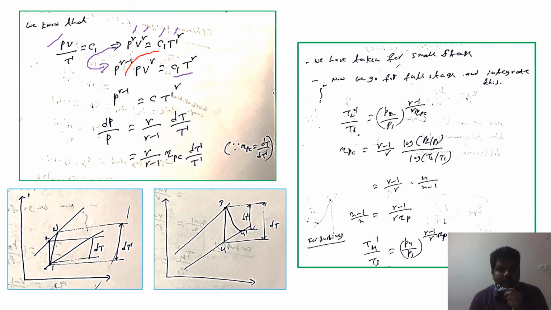Here PV power gamma is constant. So we can write it as P power gamma minus 1 equals, here constant by constant is constant, so C into T1 power gamma. But for small stage we have to differentiate. So if we differentiate, dP by P equals gamma by gamma minus 1 dT by T dash. This we can write as gamma by gamma minus 1.